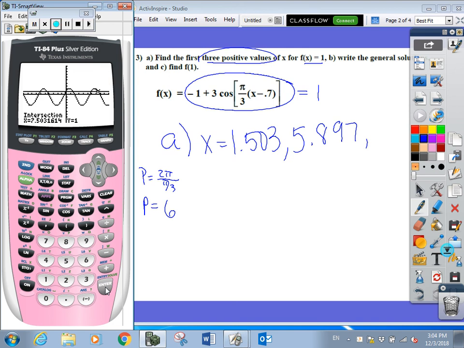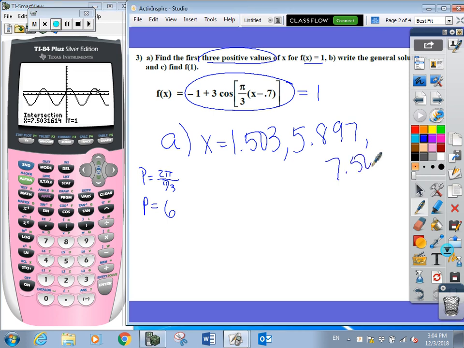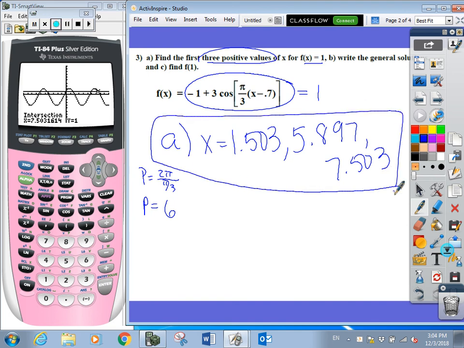You'll see that it's not, and you get 7.503, which is easy to do without the calculator. If it's just 6, we add 6 to that number. We could do that without the calculator. You can do the calculator, but you don't need it. So there's letter A. Again, that third one you can find by finding the intersection, or you know the third is the first plus the period. Either way will work.